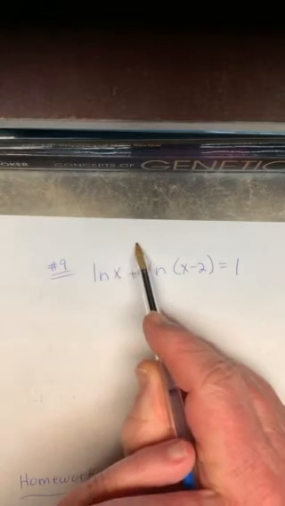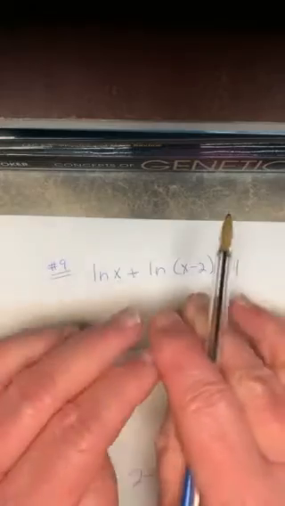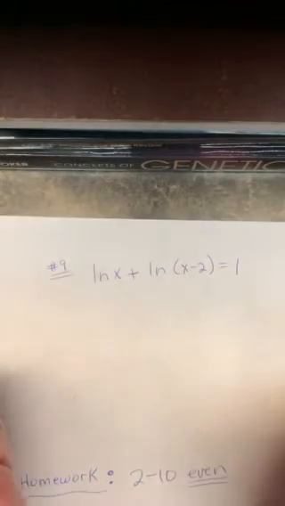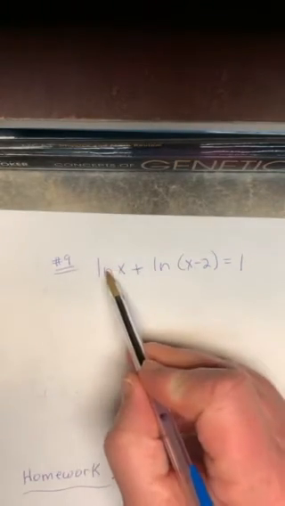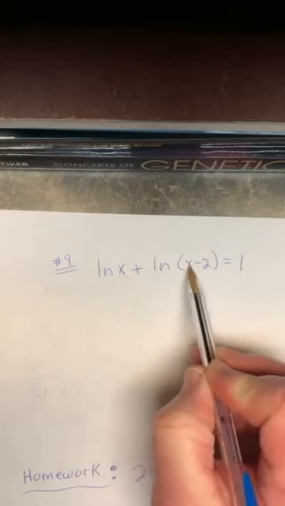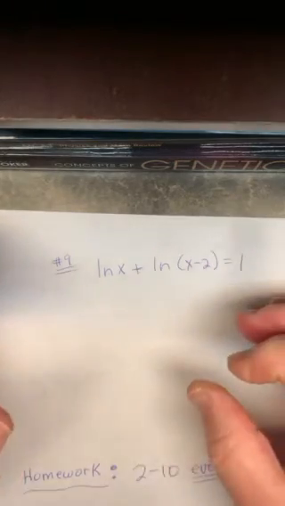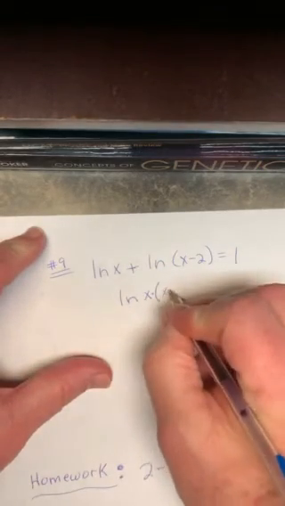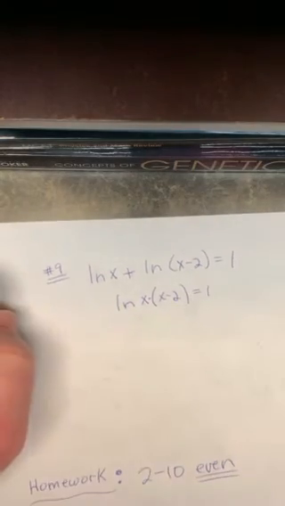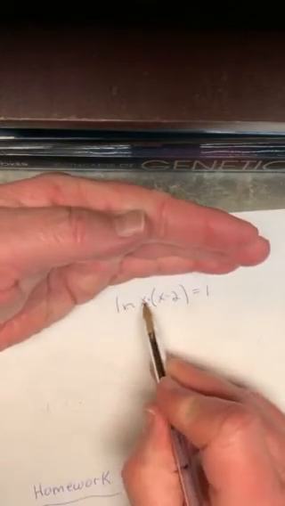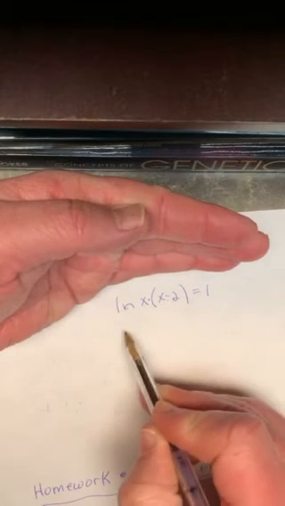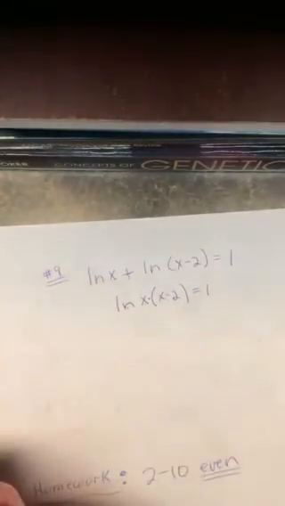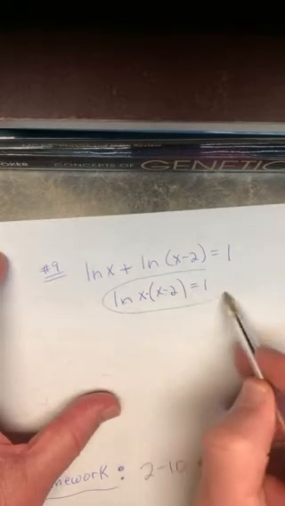So if we're going to condense this, like we did 3 days ago, if I have the ln of x plus the ln of x minus 2 and there's a plus in the middle, wouldn't you condense this into the ln of x times x minus 2 equals 1, right? The log of something times something got split up into the log of the first thing plus the log of the second thing. So condensing that, that's why we practice that, we end up with this right here.